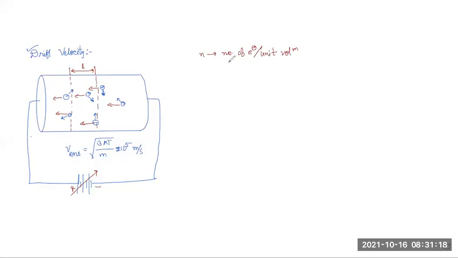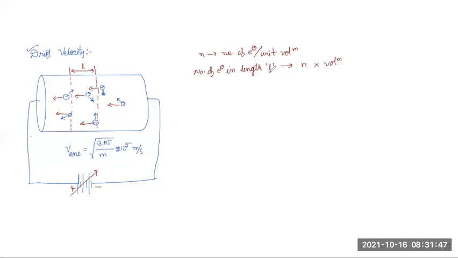We can say the number of electrons in length L of a conductor can be treated as n into volume, because n is the number of electrons per unit volume.